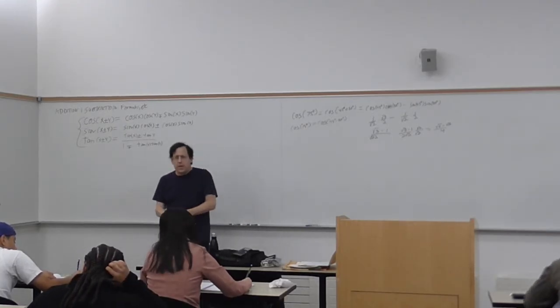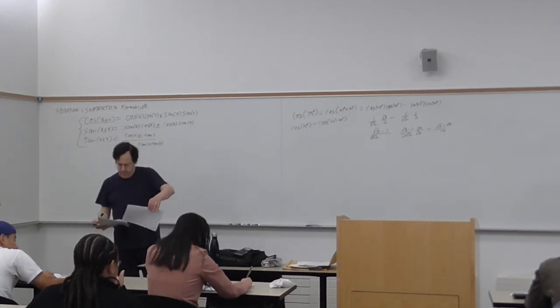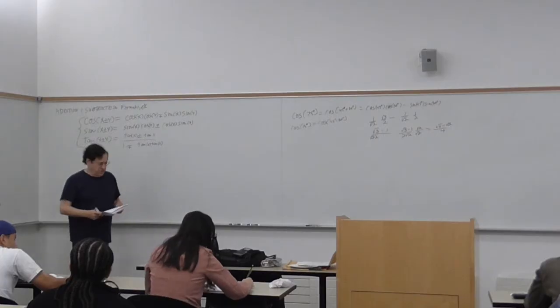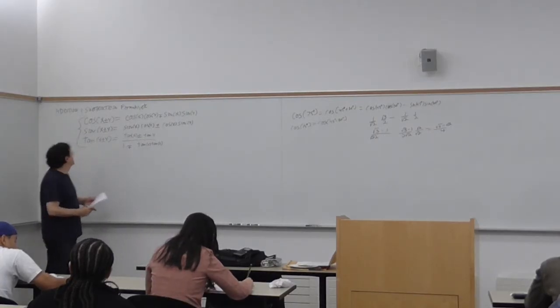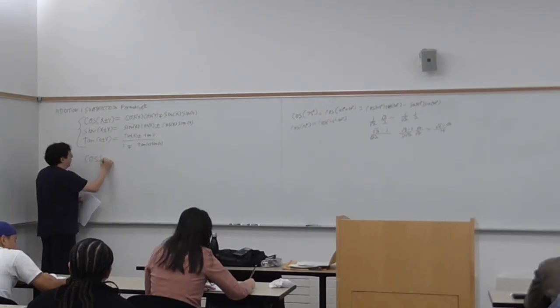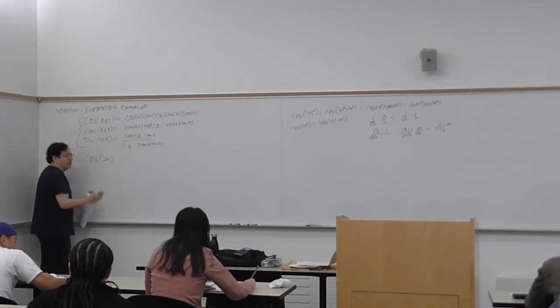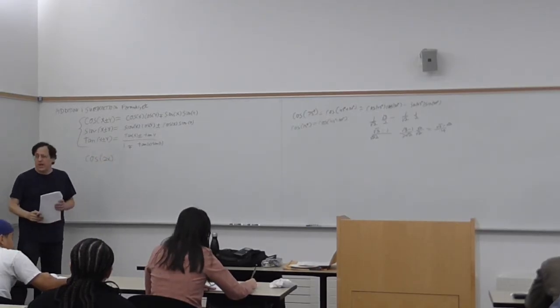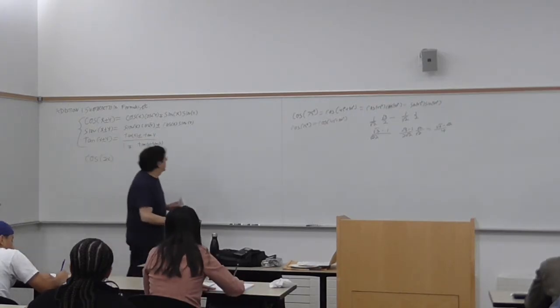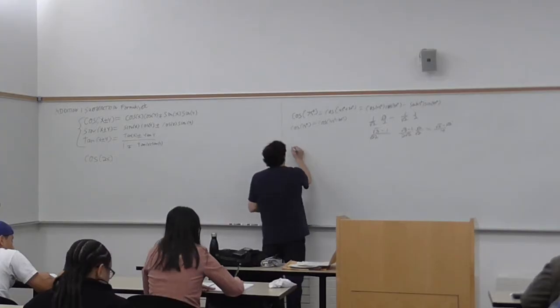All right. The next formulas are kind of simplifications. I'd like to know what the cosine of 2x is, a so-called double angle formula. That's not too hard.